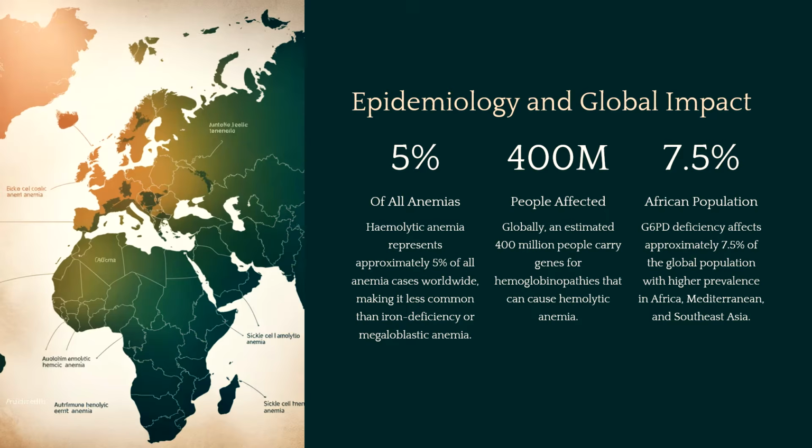Glucose 6-phosphate dehydrogenase. It affects 7.5% of the global population, with higher prevalence in Africa, the Mediterranean and Southeast Asia. So, due to the G6PD deficiency, in Africa, the Mediterranean and Southeast Asia, 7.5% of people are affected with hemolytic anemia.